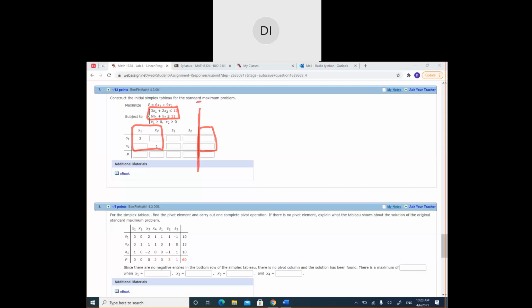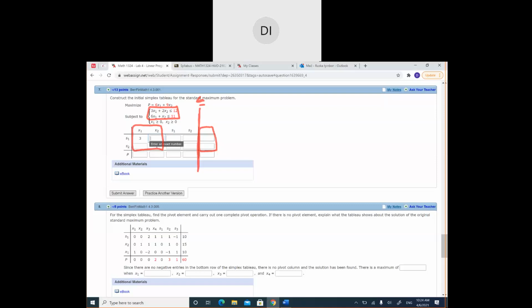So this vertical line is technically the equal or not equal, or less or greater than or equal, whatever the sign is. So you're going to get the coefficients. See, you have x1 and x2. Sometimes if you have more variables, instead of using x and y, you can use x1, x2, x3, x4 and so on. That's why you have x1 and x2, which is the same as x and y. So in front of x1 is 3, and then the other one is going to be 2.